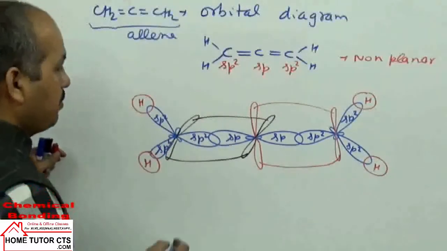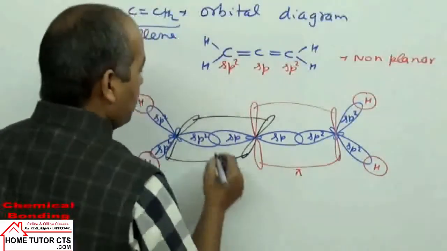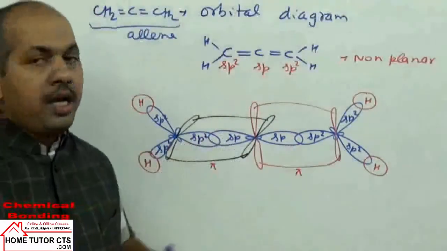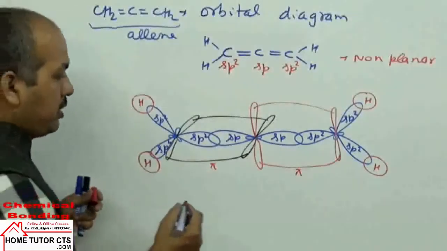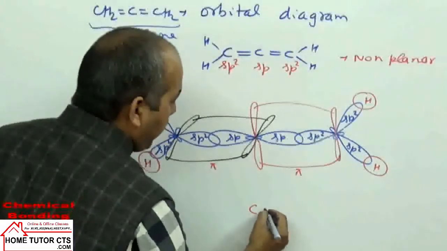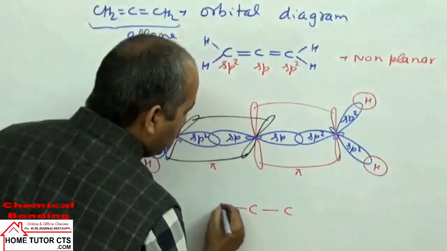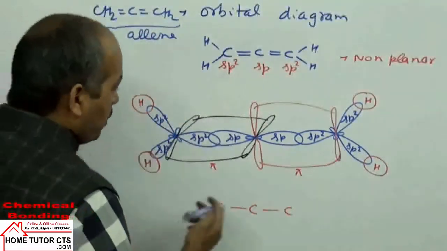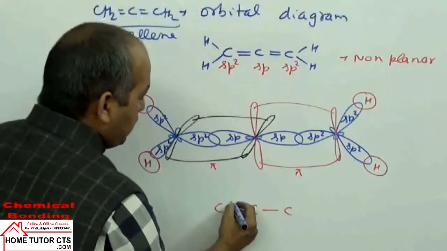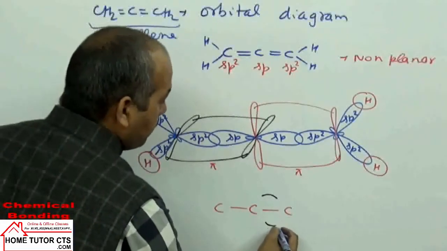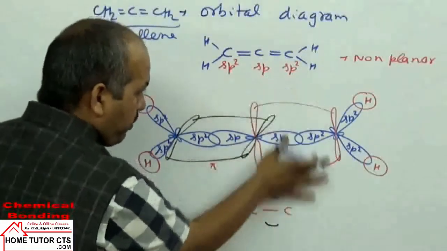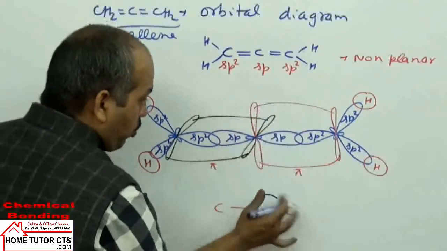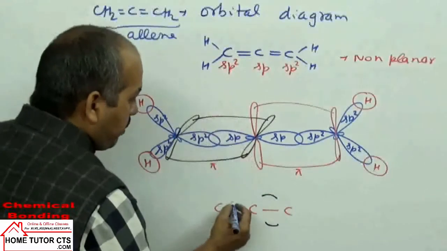In the orbital diagram, we have two pi bonds mutually perpendicular. If I draw in a simplified way, carbon 1 and carbon numbers 2 and 3. One pi bond is in the plane of the molecule, or in the plane of the board, and then the other pi bond becomes perpendicular.